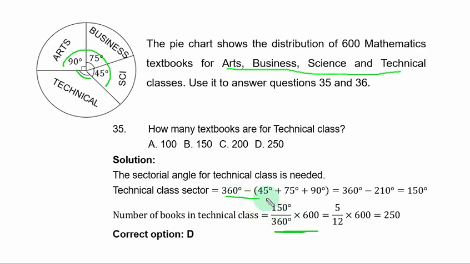That is what you have here, and you have 150 degrees. So number of books in technical class is 150 degrees over 360 degrees times 600, and that reduces to this, and you have 250 books. D is the correct option.